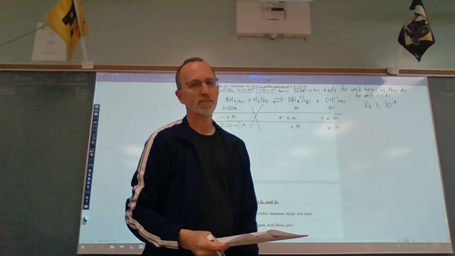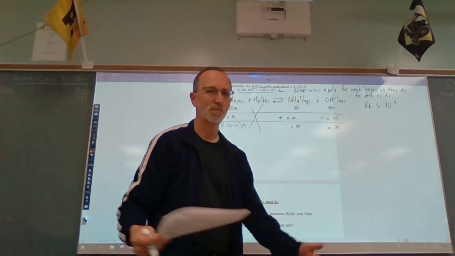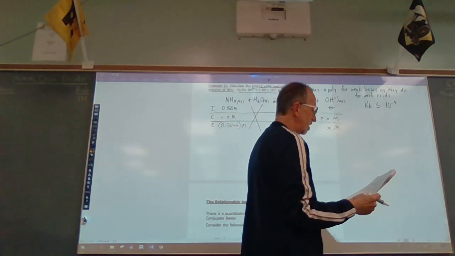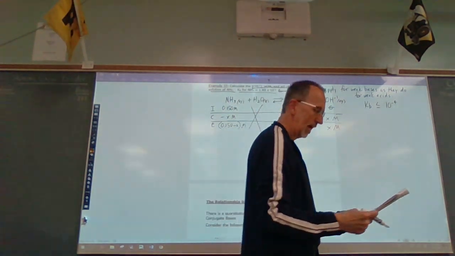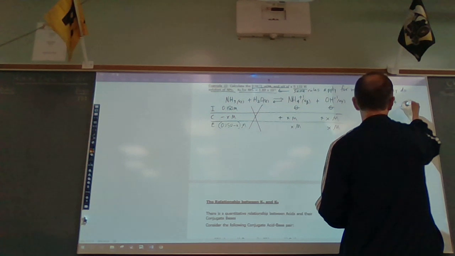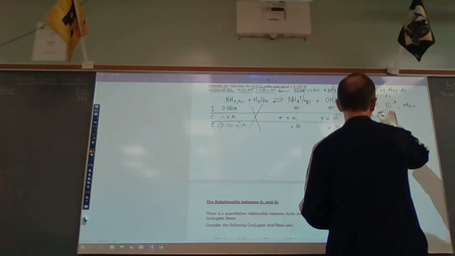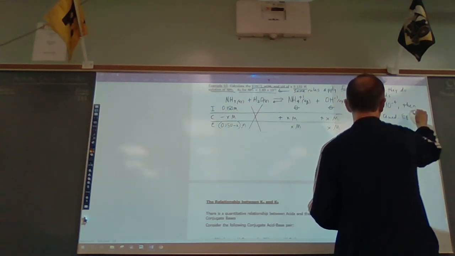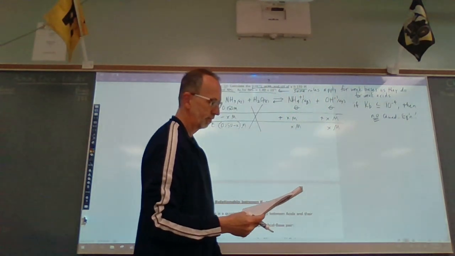It doesn't matter what times 10 to the minus 4th. It could be 1 times 10 to the minus 4th, it could be 5.5 times 10 to the minus 4th. As long as it's 10 to the minus 4th or smaller, then no quadratic equation.